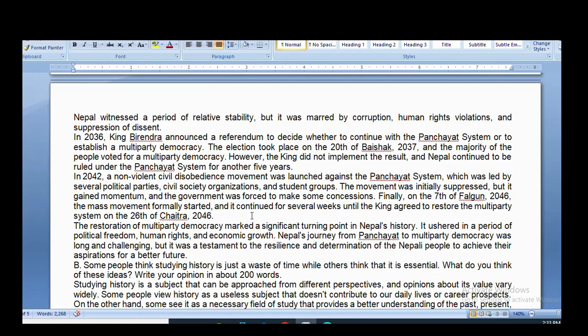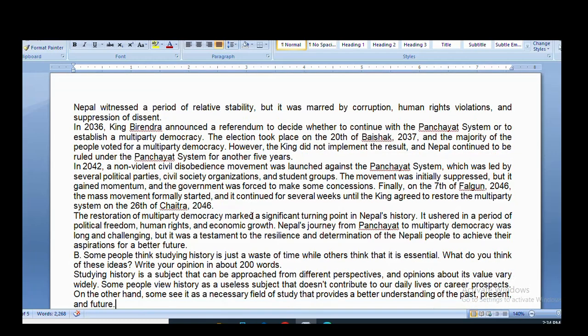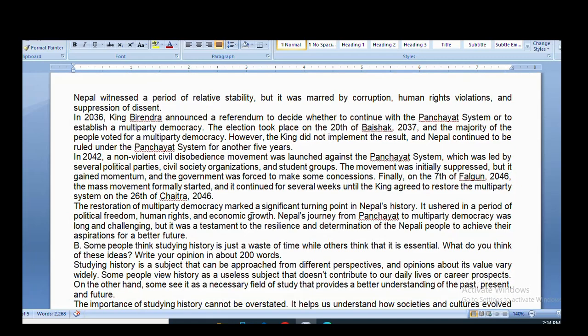However, the king did not implement the result and Nepal continued to be ruled under the panchayat system for another 5 years. In 2042, a non-violent civil disobedience movement was launched against the panchayat system, which was led by several political parties, civil society organizations, and student groups.